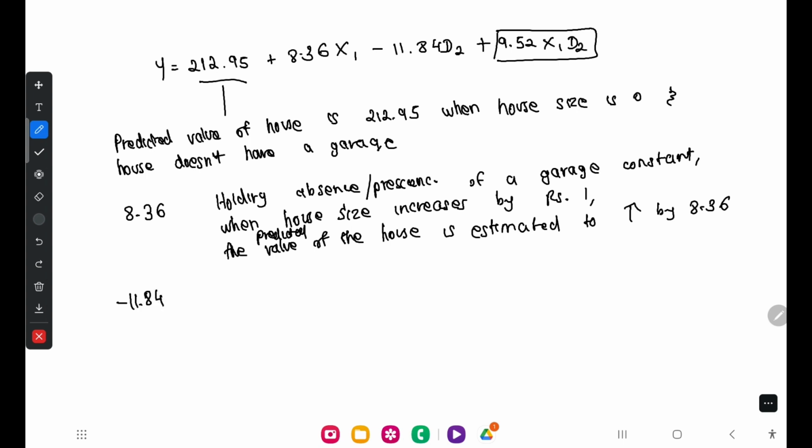Then we have minus 11.84. Again, multiple linear regression. We are focusing on the dummy variable now. We have to keep the other one constant.